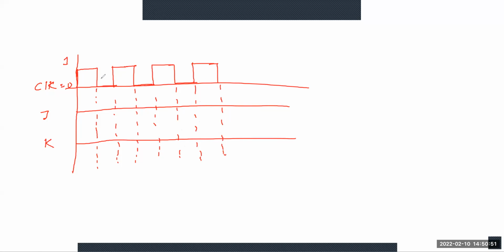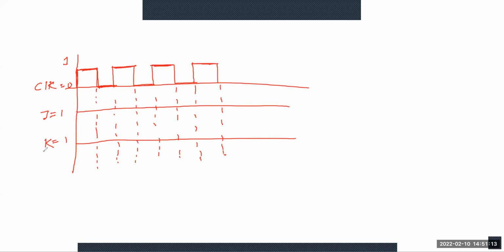Okay, so here you can see at this point the clock is 0, and at this point the clock is 1. Okay, so again this is 0 and this point is 1. Like that, and here J equals 1 and K equals 1.